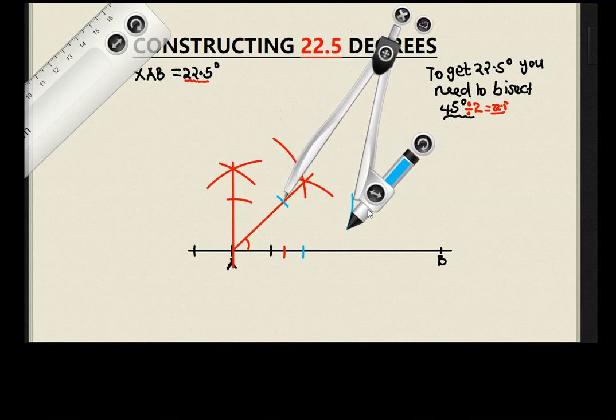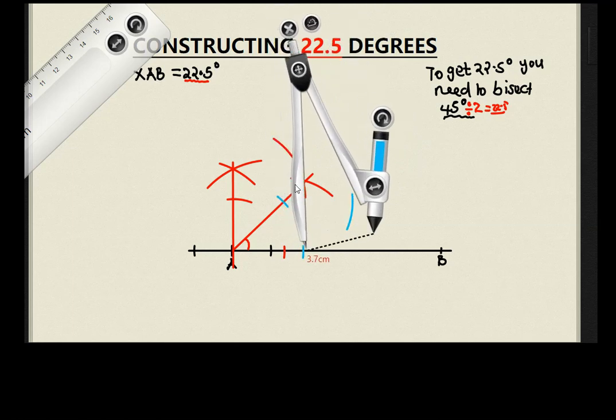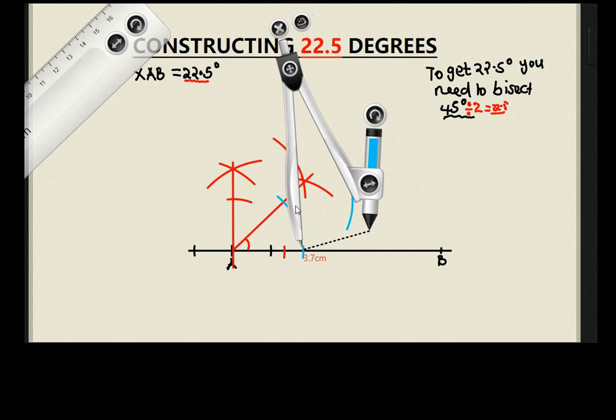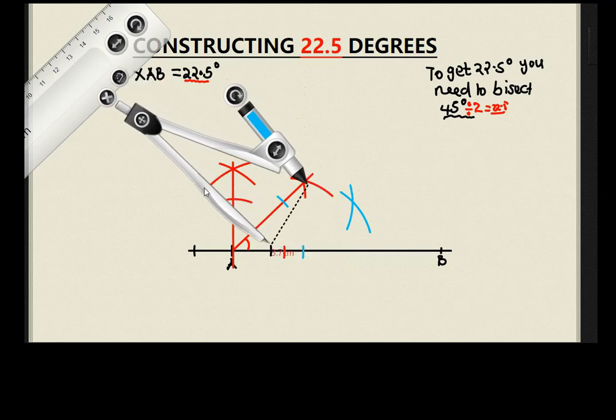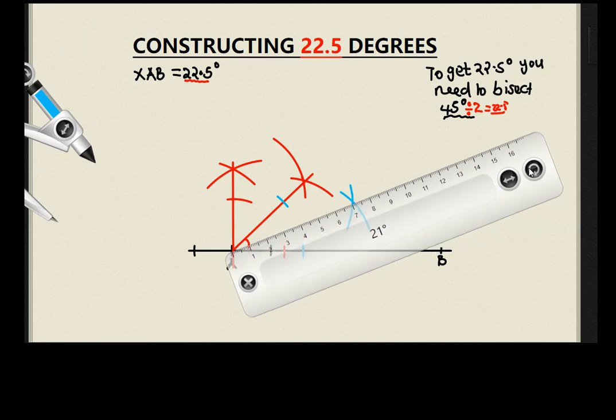Like this, and then I will again transfer it to this point and then draw an arc so that we have a point at that particular point. Then after I've done this, I can draw a straight line passing through that point and the point of intersection.